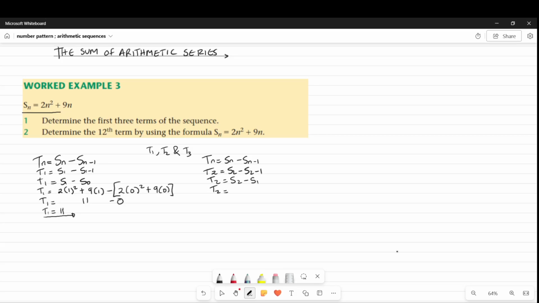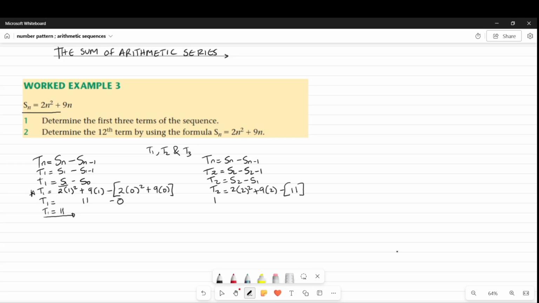Now S2 is 2(2) squared plus 9(2), minus S1. But we already calculated S1. Remember, S1 we calculated from here, we had it to be 11.